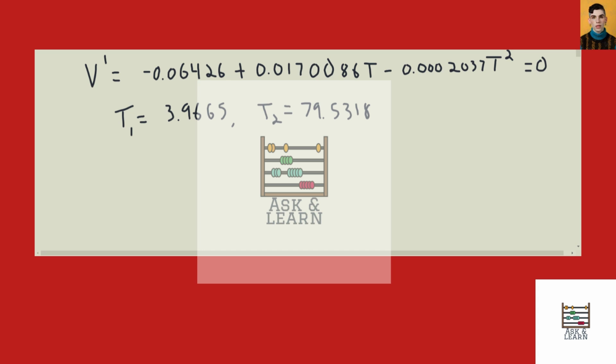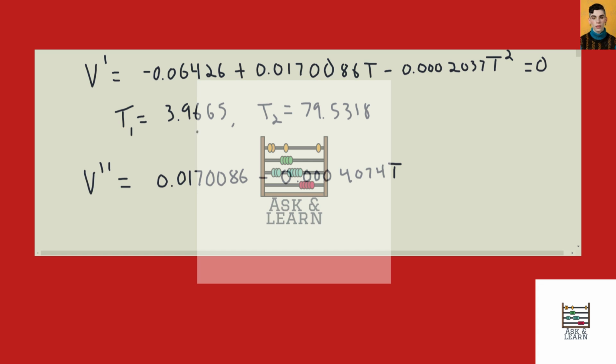Once you get your t's, you're going to find the second derivative of V. So the second derivative would be equal to 0.017086 minus 2 times this number here, which comes out to 0.0004074T.